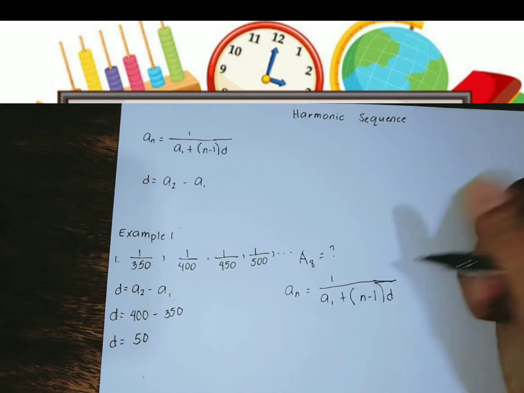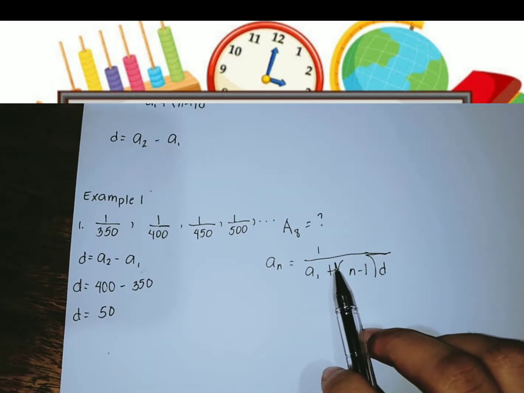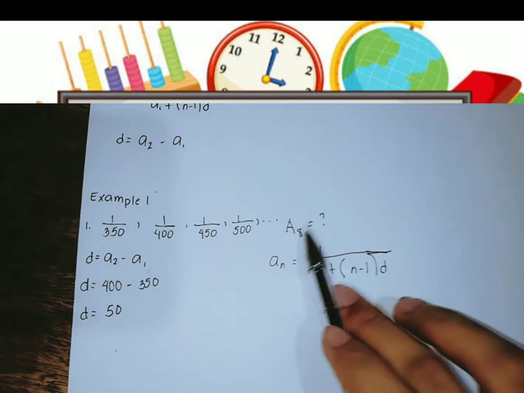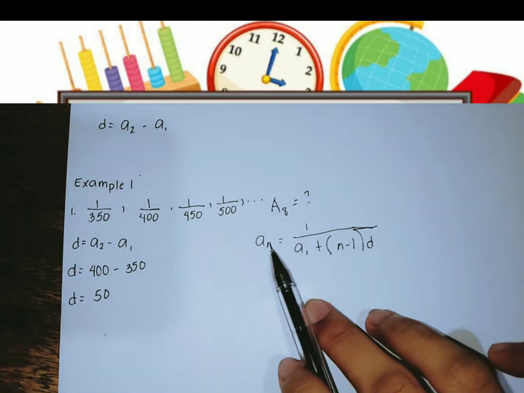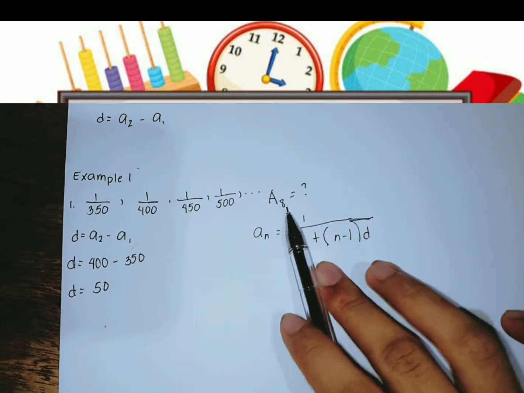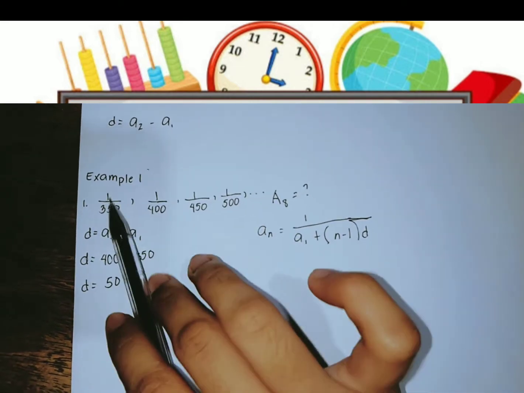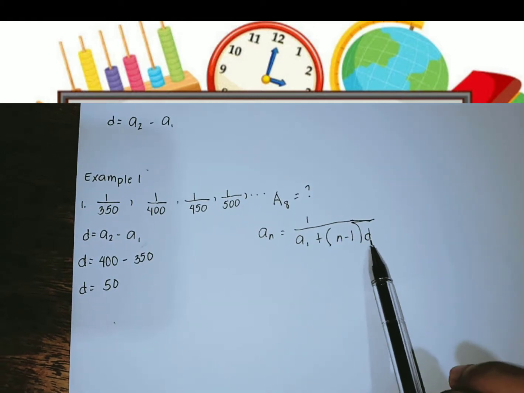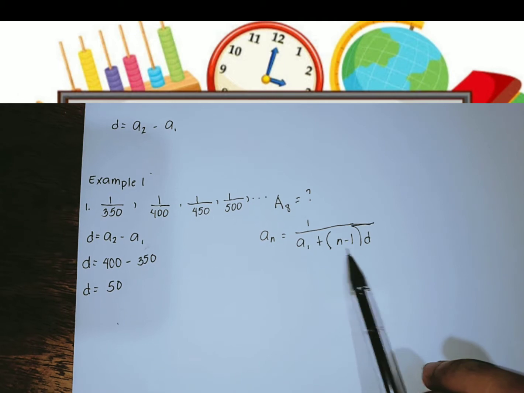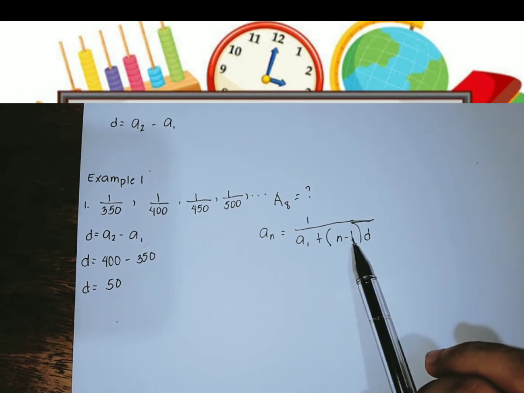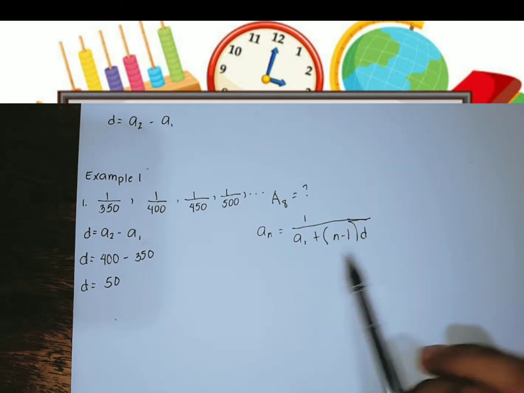Our n is the last term, a sub 1 is our first term, which is 350, d is our common difference, and the 1 being subtracted is always part of our formula.